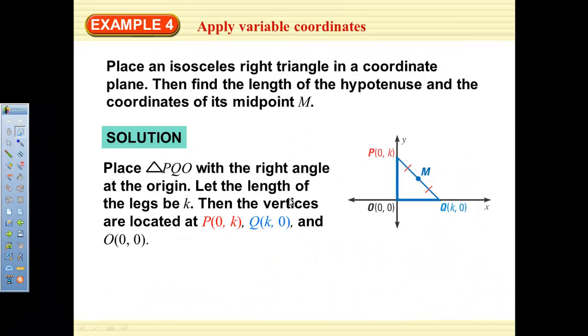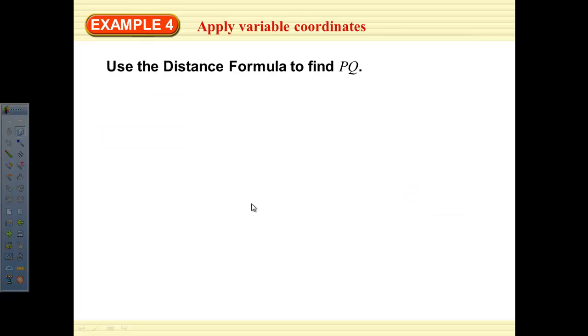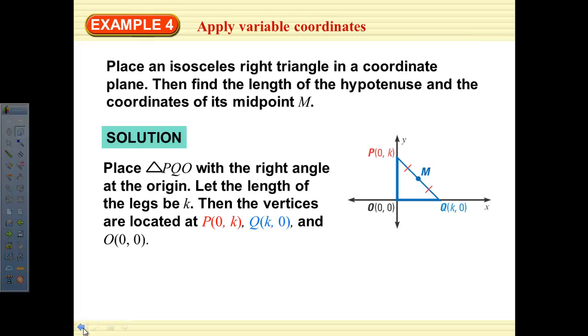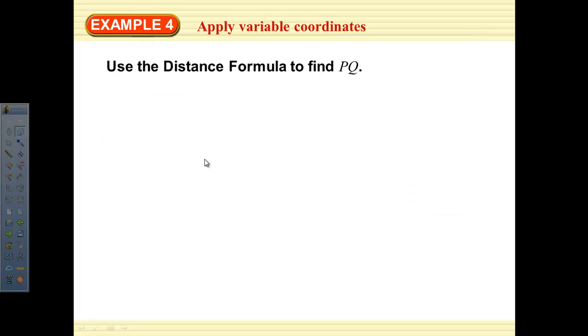And again, they're going to explain that we would put points at 0, 0, k, 0, and 0, k for these 3 points. We want to have one corner at the origin. We use the distance formula to find PQ. I thought that said PO. Is my eyesight that bad? Oh, it is PQ. I apologize. It is PQ.